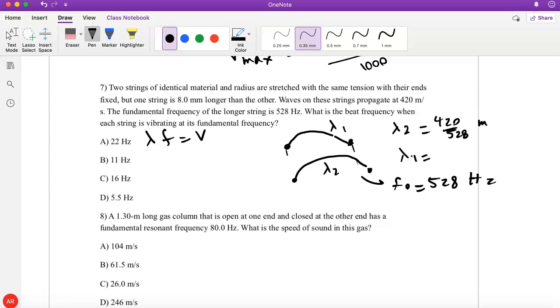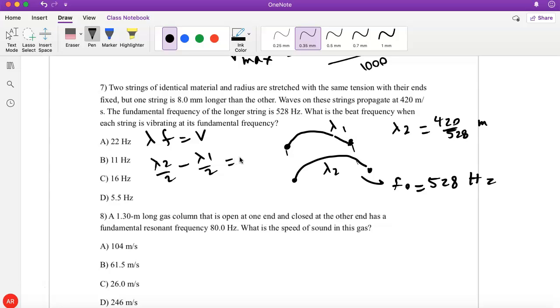Let me write an equation here before doing that. What we know is that half of lambda 2, so lambda 2 over 2, which is this length, minus half of lambda 1, which is the length of the other string, is 8 millimeters.